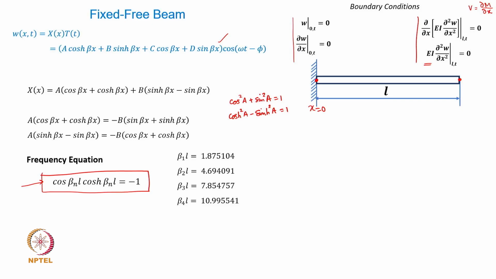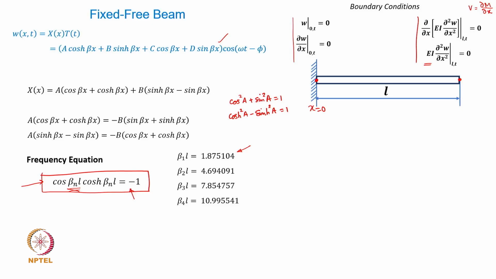So this is going to be a numerical solution. You cannot solve this for a closed form expression for beta n L. So numerically, if you solve for satisfying the LHS equal to RHS, you will find that for the value of beta L equal to this, this expression will give you a value of -1 on the left hand side.